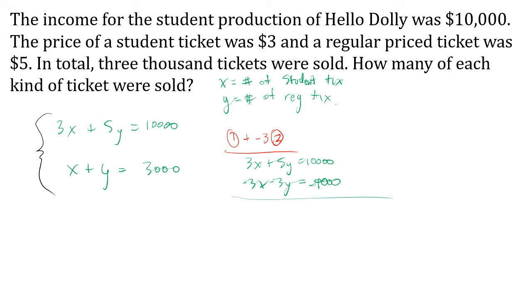If we add these, we'll find that 2y is equal to 1,000, which tells me that y is going to equal 500 regular tickets. That means there's got to be 2,500 student tickets, because together they had to add up to 3,000.